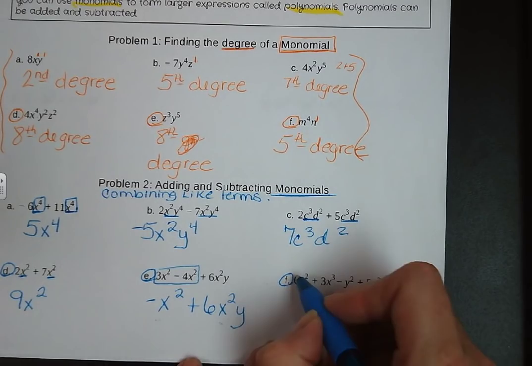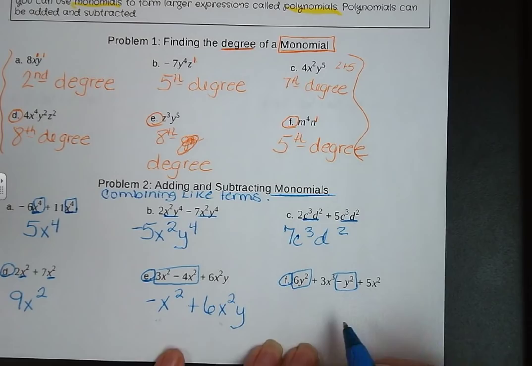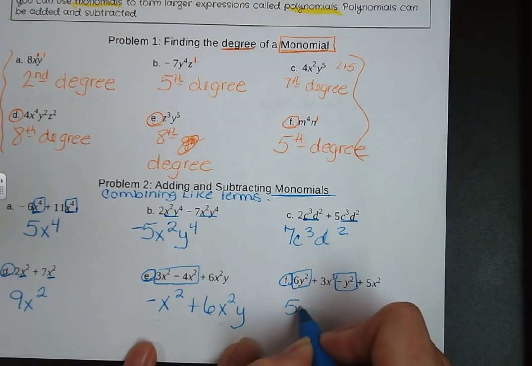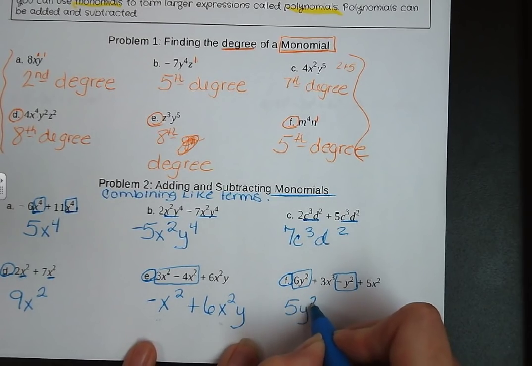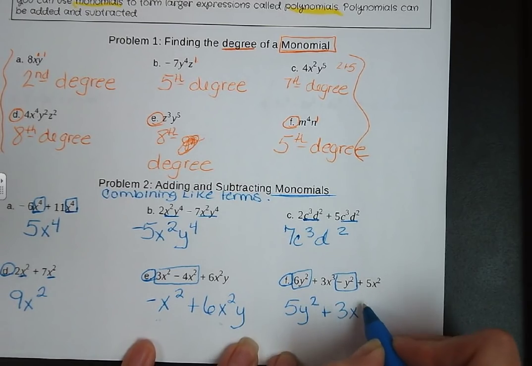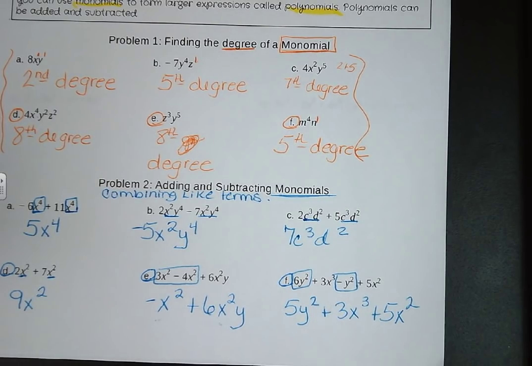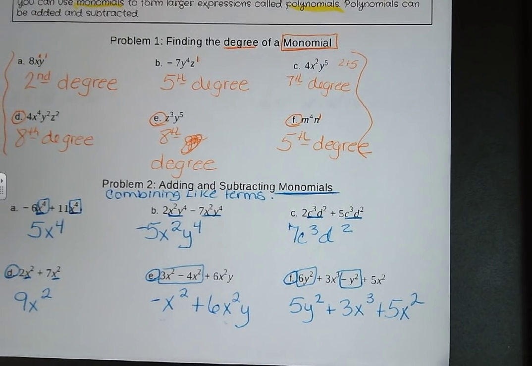Letter F, we've got 6y squared minus y squared, and that's going to be 5y squared. And then we've got 3x cubed, so we're adding 3x cubed. There's no other x cubeds. And there's no other 5x squareds. All right, so it's just 5y squared plus 3x cubed plus 5x squared.